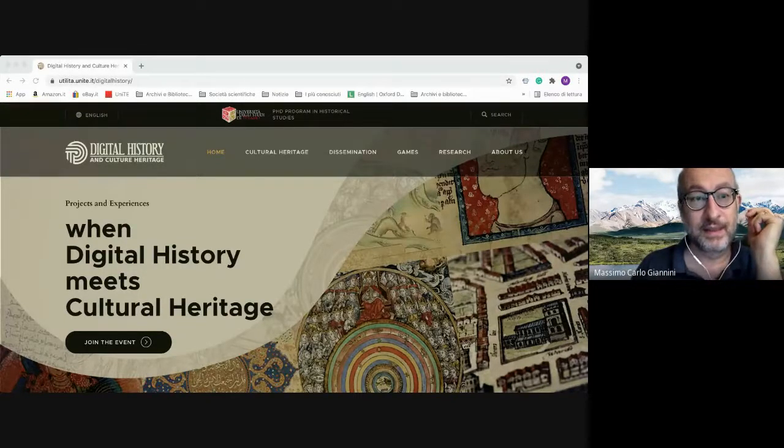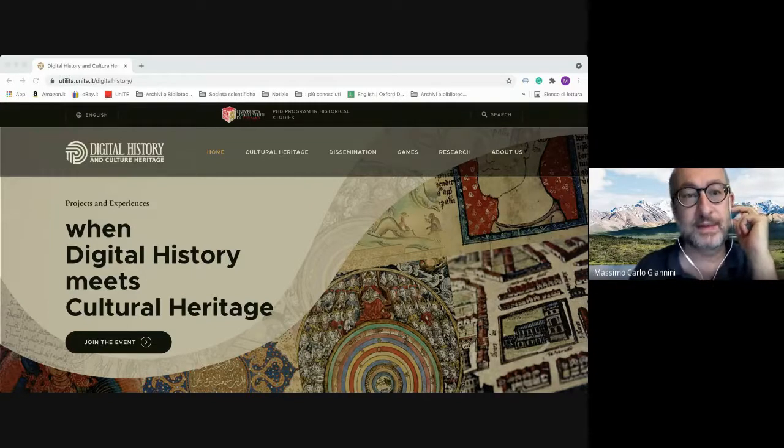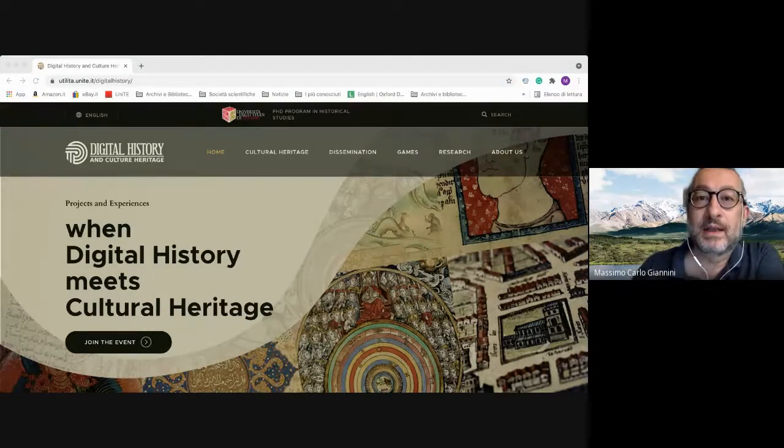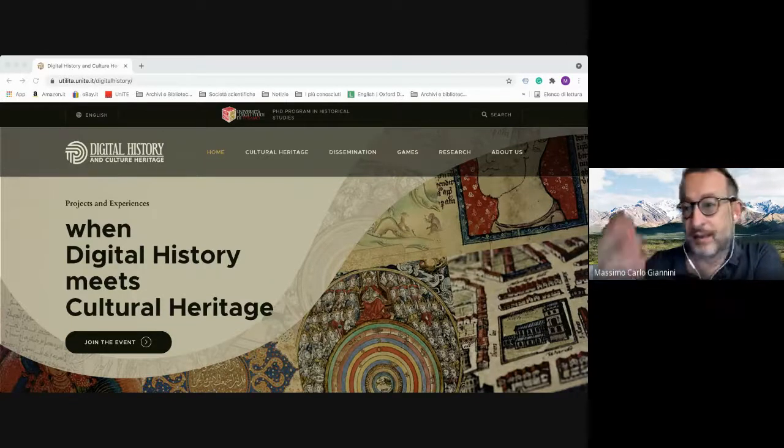So I will show only an example very shortly. This is the cultural heritage section, where you can see the Acquaviva Virtual Museum, Franciscan Abruzzo, the project by Paola Tagliente, and so on. Every project will have its space, with the name of the PhD student and all the data available in open access.